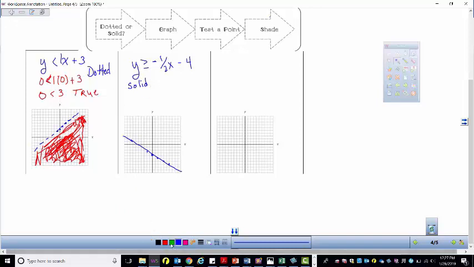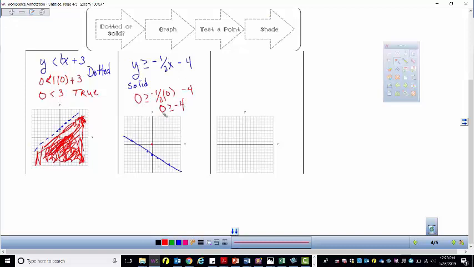Now we're going to do our test point. So again, here's 0, 0. I'm going to test that. I'm going to put in 0 is greater than or equal to negative 1/2 multiplied by 0, minus 4. Anything times 0 is 0, so I get 0 is greater than or equal to negative 4.